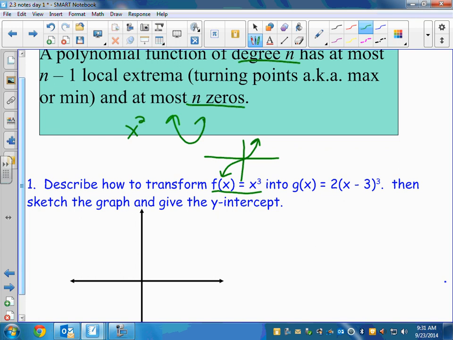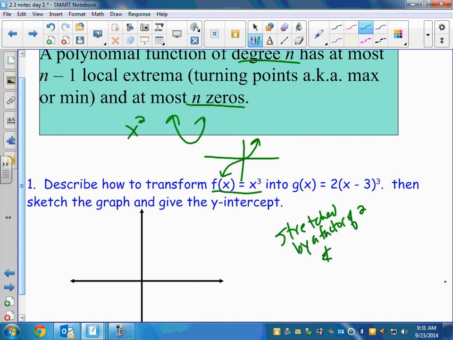What does a number multiplied in front of the function do? Yeah, it stretches it. Actually, we could even say that it's stretched by a factor of 2. Not by 2 units, but like twice the amount stretched out. And what does a number subtracted inside the function do to that graph?